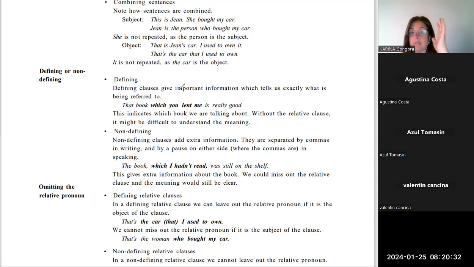You say, oh, the person, remember the girl I used to meet. So you give information because otherwise you don't know how to say what you're talking about. That is a defining relative clause. When it is non-defining, it is just extra information that you can omit, que la podríamos no decir.